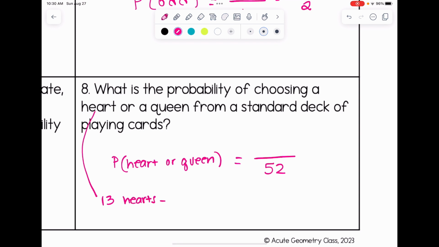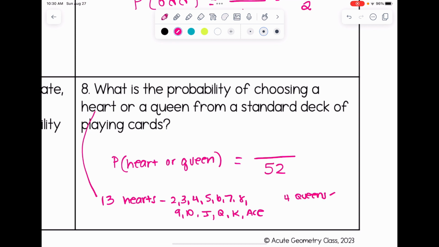Okay, and I'm just going to make a note here. That would be 2 of hearts, 3 of hearts, 4 of hearts, and so on. I'm going to list all of those options. And you'll see why I'm doing this in a second. But we also want to know the possibility of a queen. So there are 4 queens, right?